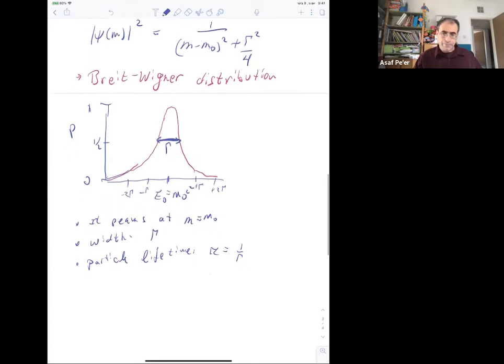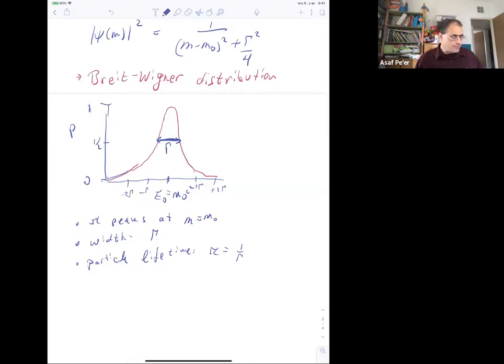Which means that when we have a stable particle, such as electrons and protons, we simply don't have this width. For a stable particle, gamma is 0.